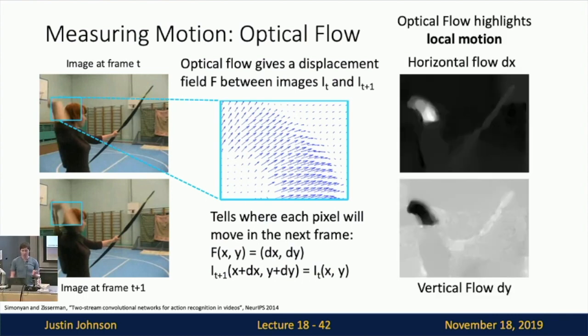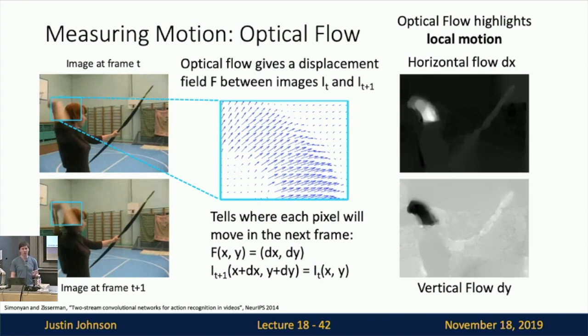In this visualization, we show the horizontal component of the optical flow on top and the vertical component on the bottom. Given these two input video frames of a person drawing a bow and arrow, the optical flow representation highlights the local motion of the person's arm and of the bow in these adjacent video frames.